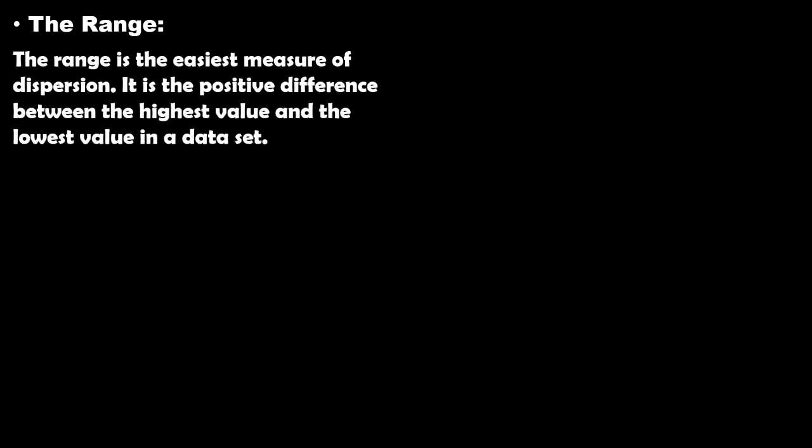The range is the easiest measure of dispersion. It is the positive difference between the highest value and the lowest value in a dataset. Let's take some examples.